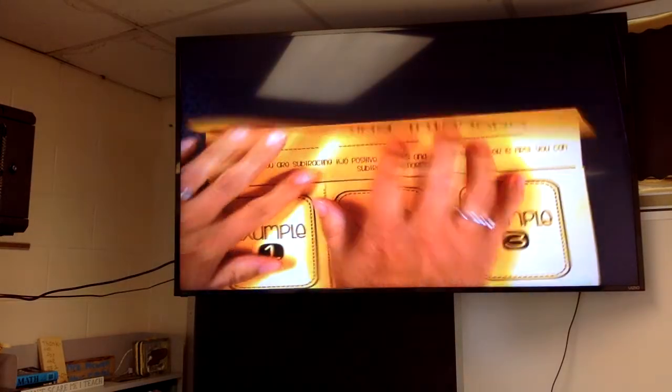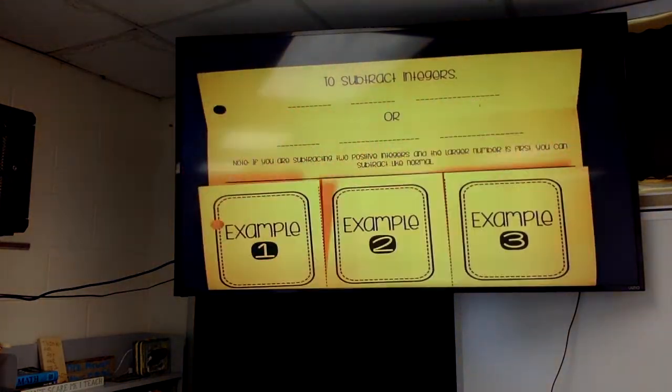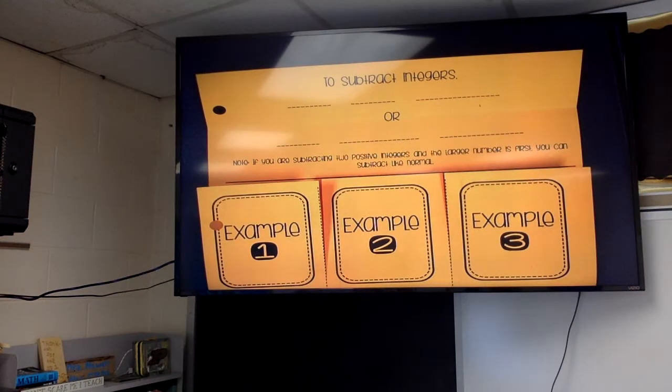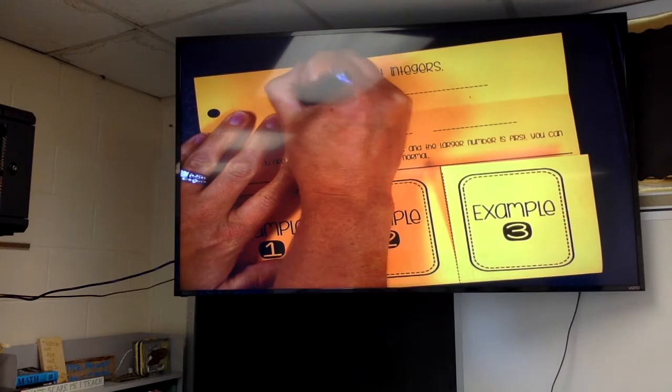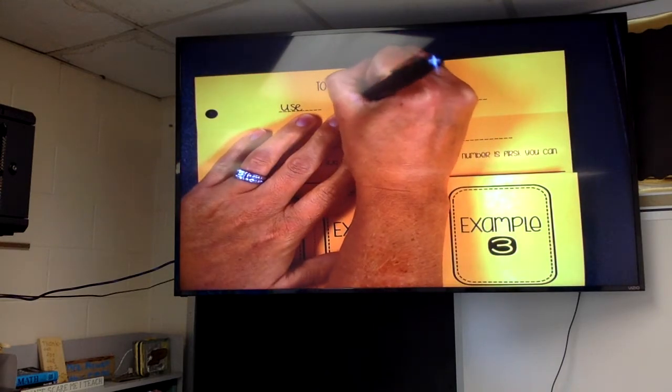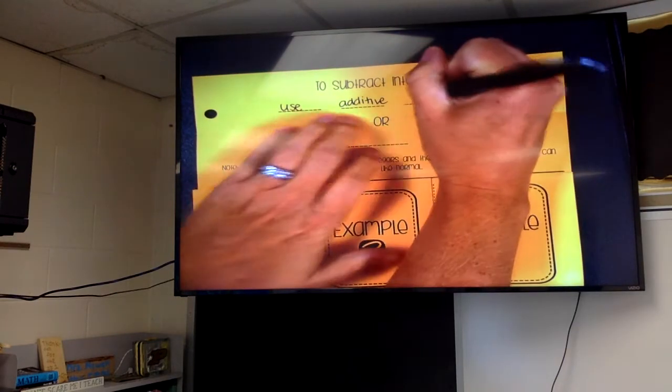So subtracting integers. To subtract integers, we're going to use the additive inverse.